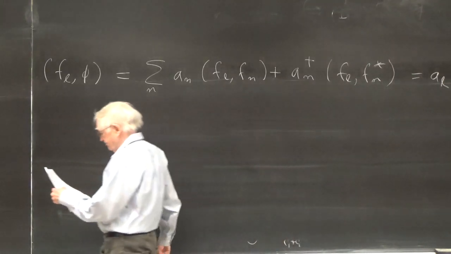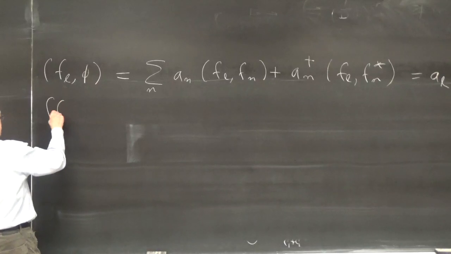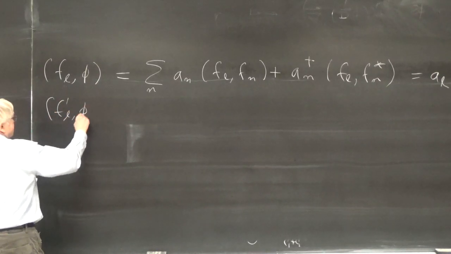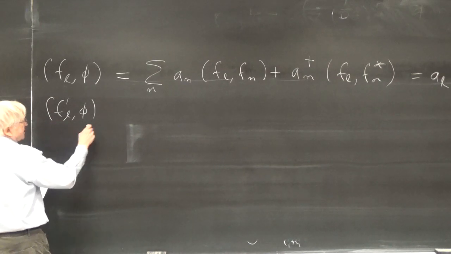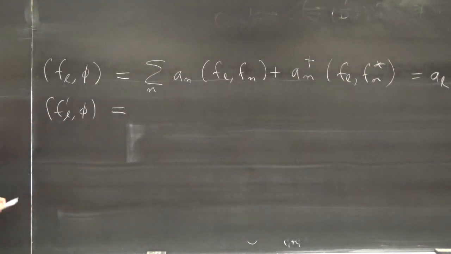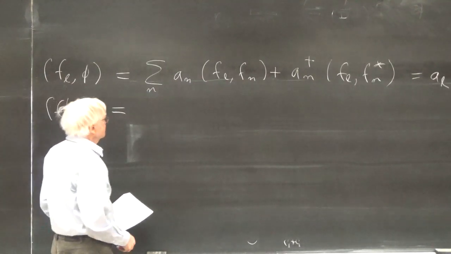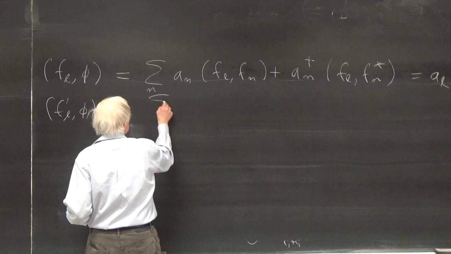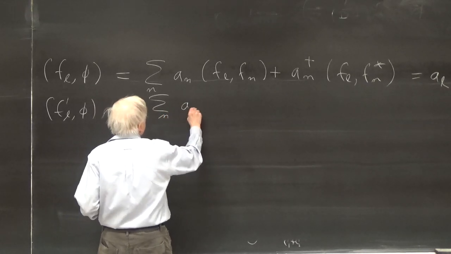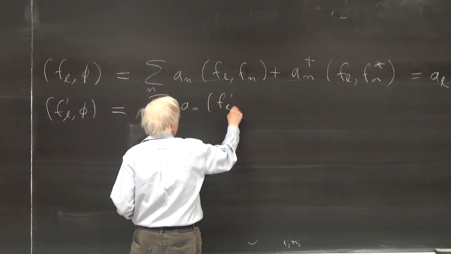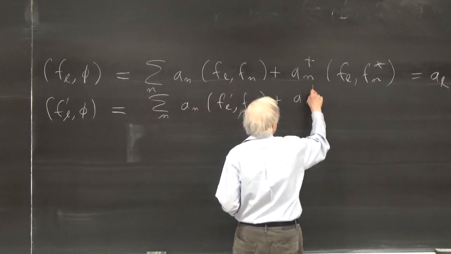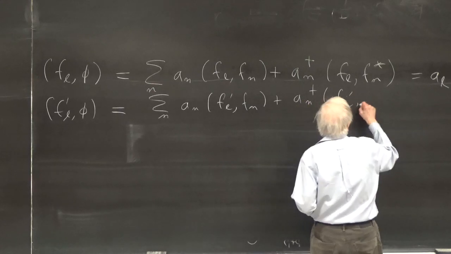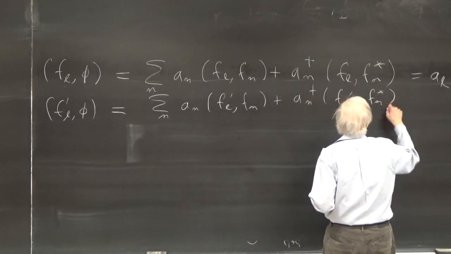And similarly, if we use a primed function, in other words, a mode function from a different complete set of solutions of the field equations, what we will have is a sum on n, A_n (FL prime, Fn) plus A_n dagger (FL prime, Fn star).